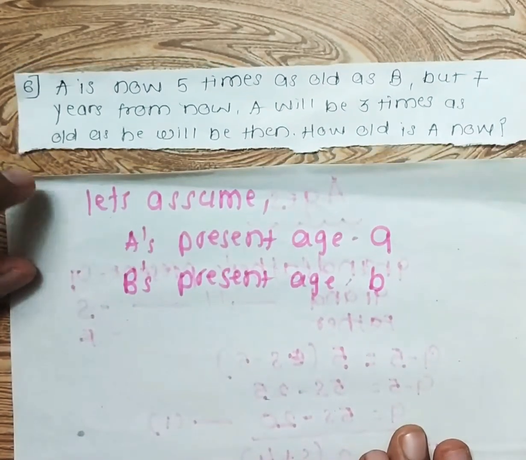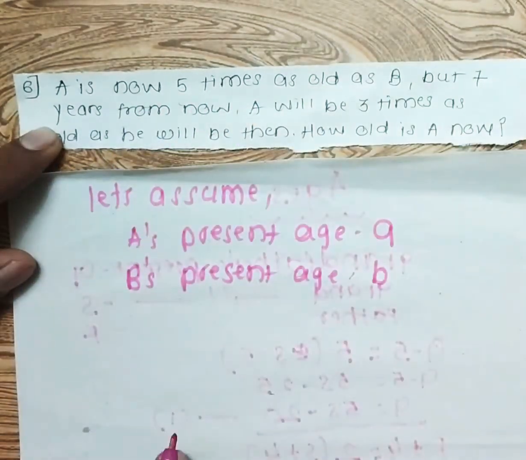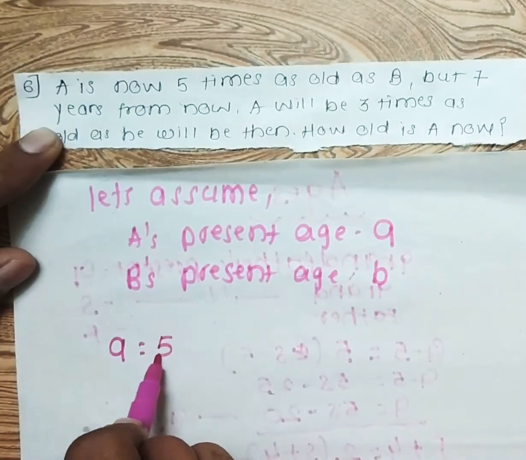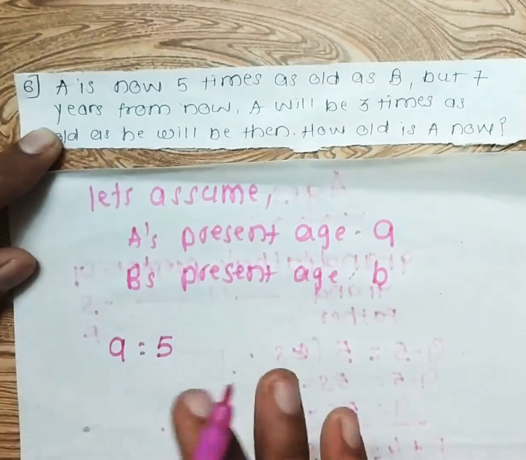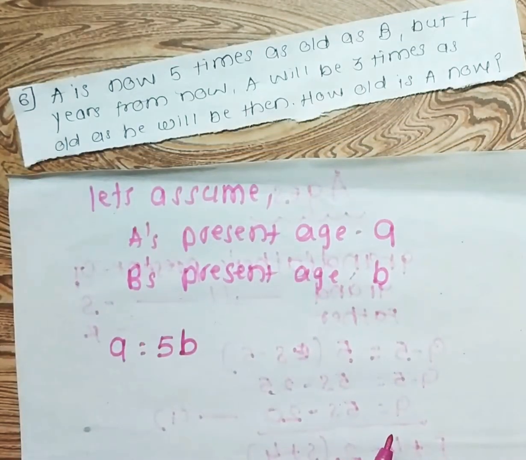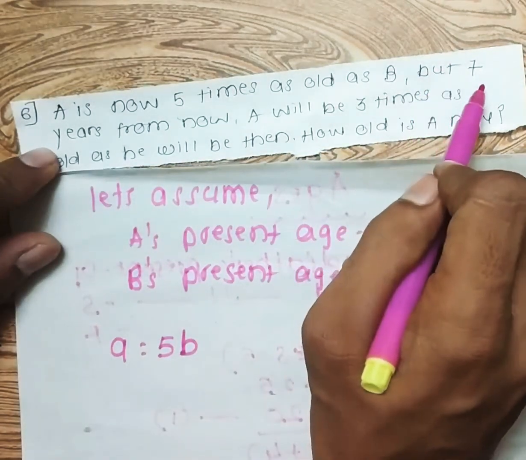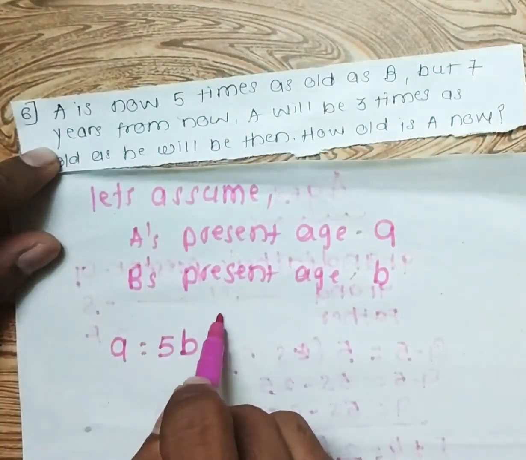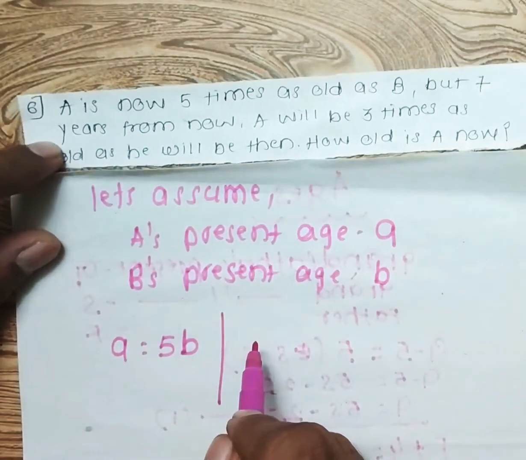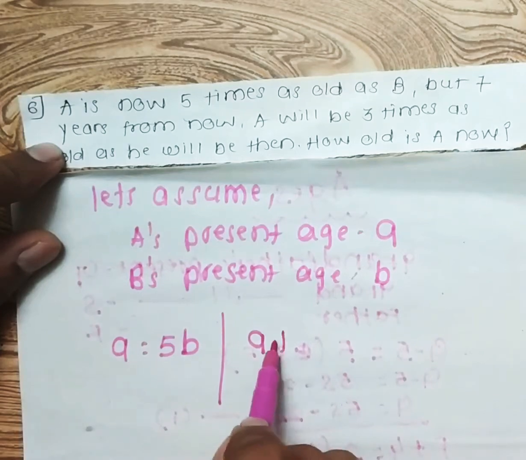Okay, let's see what the question is. A is 5 times as old as B. So I can write here A is equal to 5B. Next part of the question: but 7 years from now, A will be... If the present age of A is A, 7 years from today A will be A plus 7.